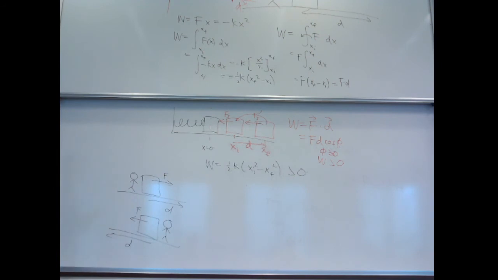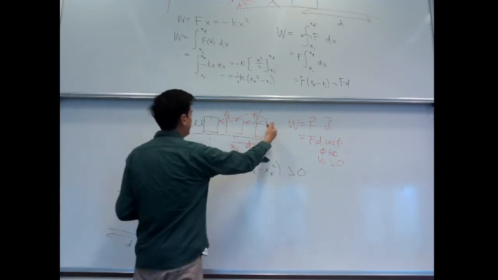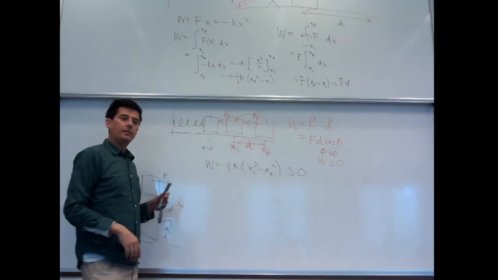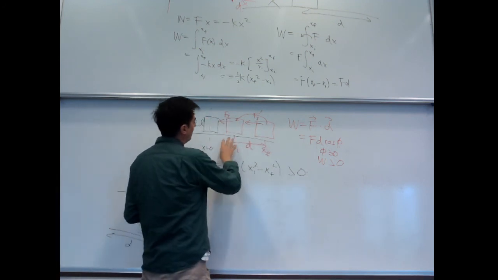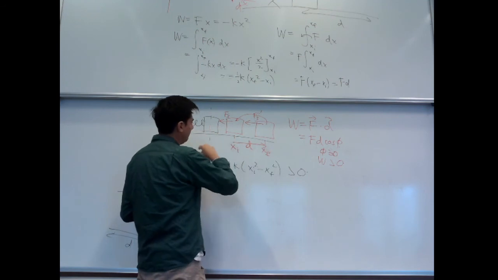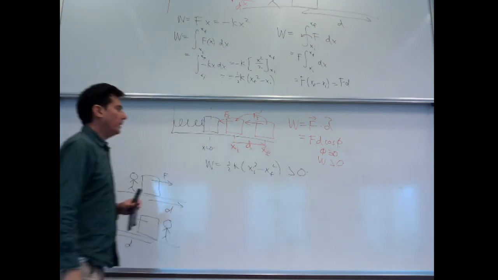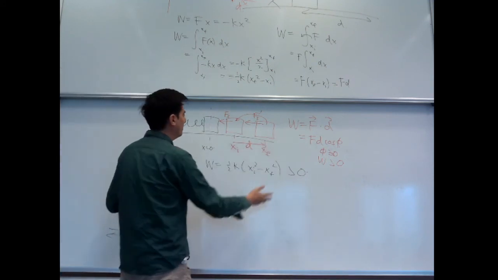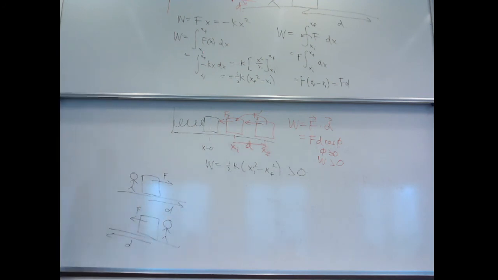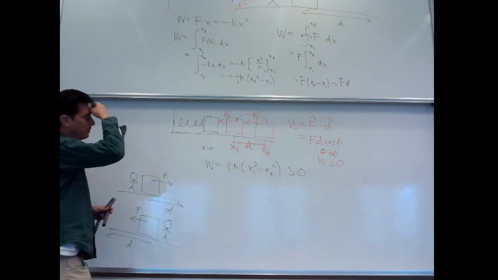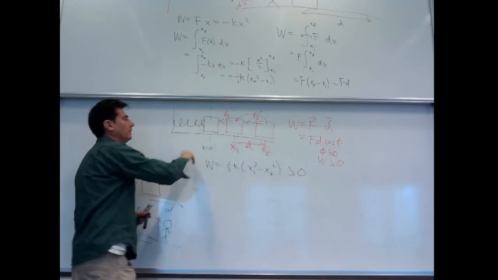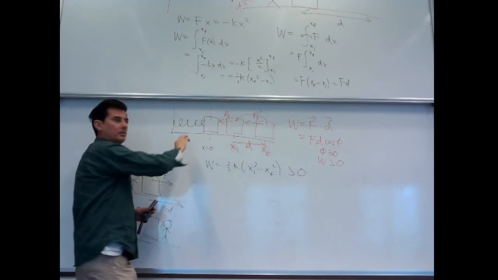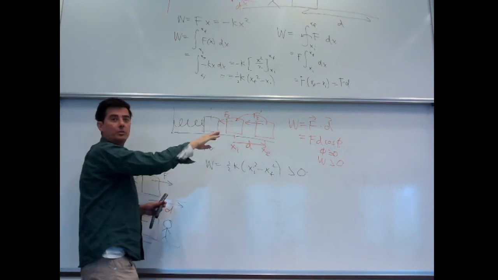So this time the spring is always pulling back to the left, but the displacement is to the right. And now you might think, how is that possible? How could the thing go that way? Well, that situation can arise, of course, if, for example, I give it a bit of a push to the right.